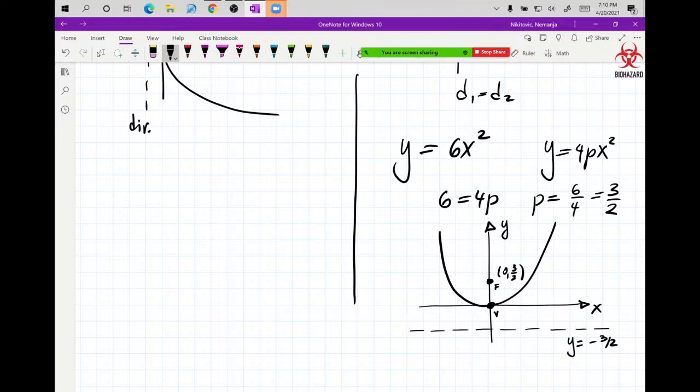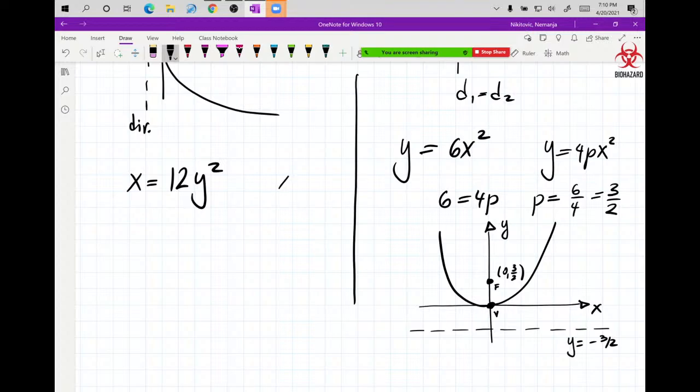The example for the sideways looks exactly the same, except now you are operating in the x direction rather than up and down. So if you have that x is equal to, I don't know, 12y squared, right?